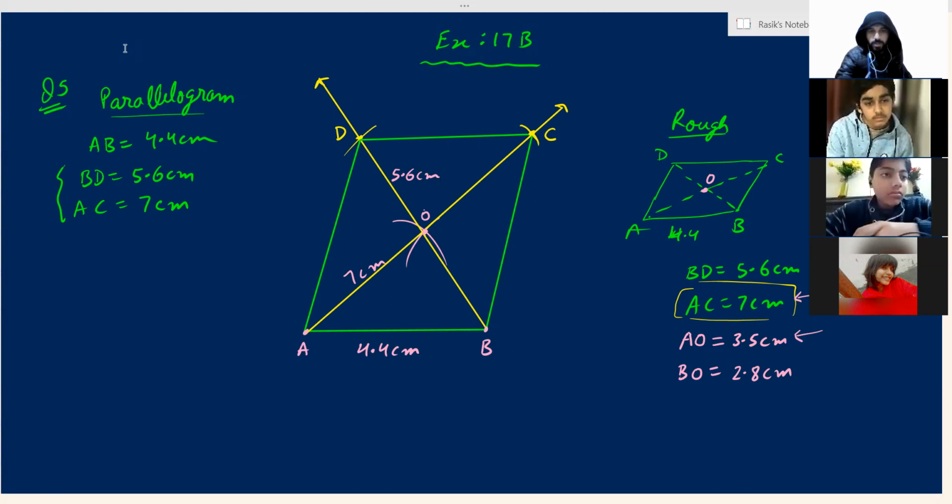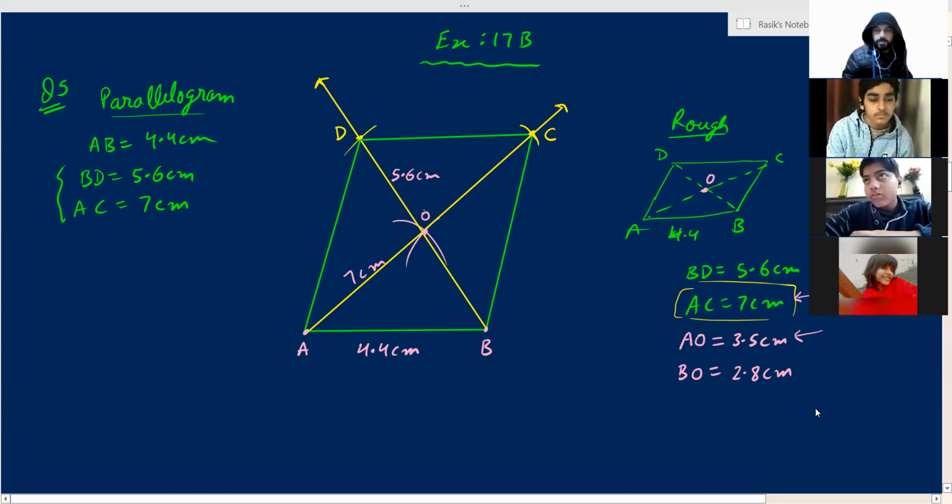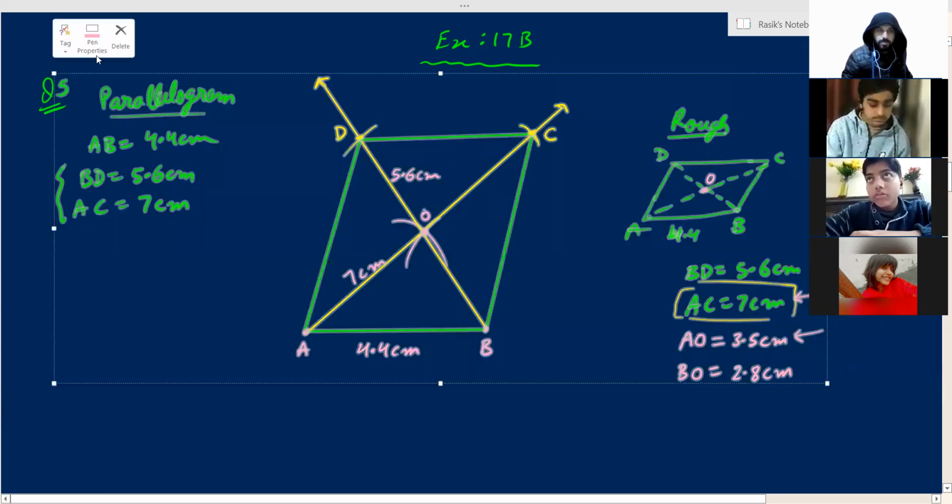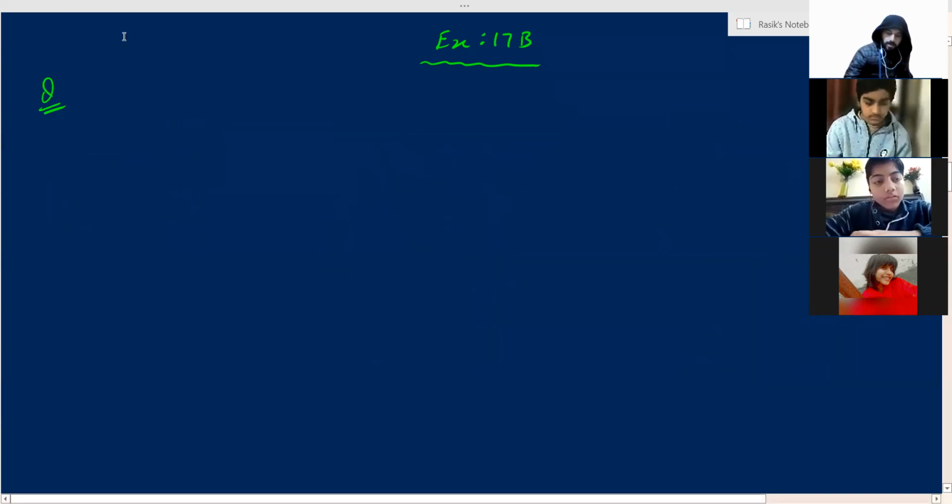Make an arc from vertex A at a distance of 7 centimeters, you will get C. Then when you draw an arc from vertex B, you will get D at a distance of 5.6. Okay, sir. And don't erase any arcs. Arcs should be visible clearly.